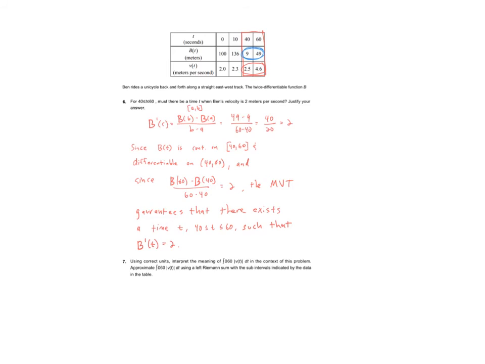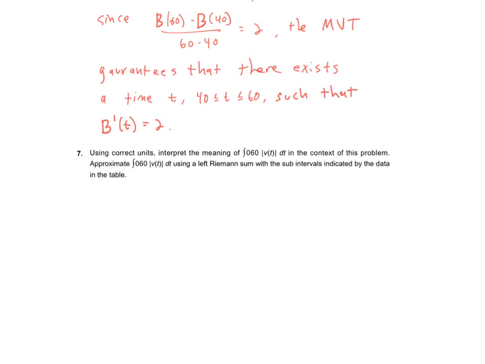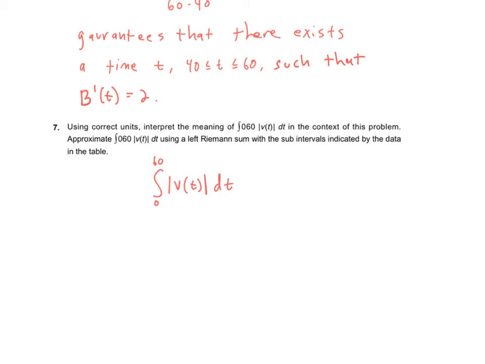Okay, next one. Using correct units, interpret the meaning of, and so that they mean the integral from 0 to 60 of the absolute value of V of t. Okay, in the context, so interpret the meaning of this in the context of that problem.